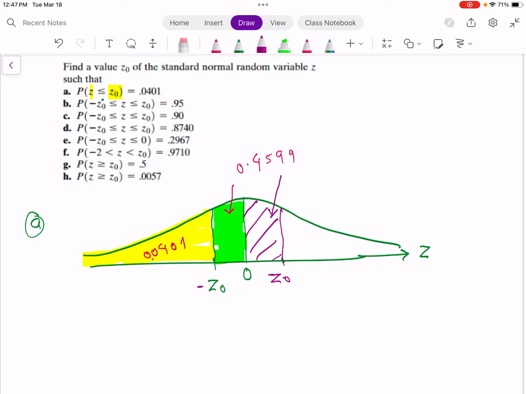Oh, we have exactly that value, right? Did you find 0.4599 on the g table? And what is the corresponding g value? That is 1.75. So our g naught is 1.75. Now this g naught is on the left, which means it is negative 1.75.